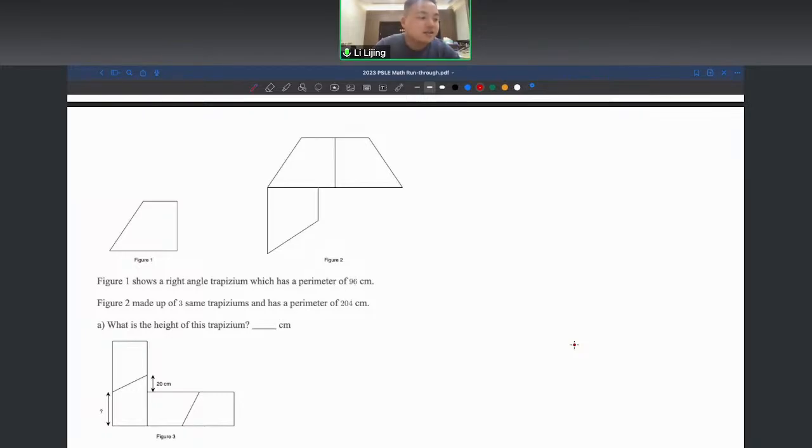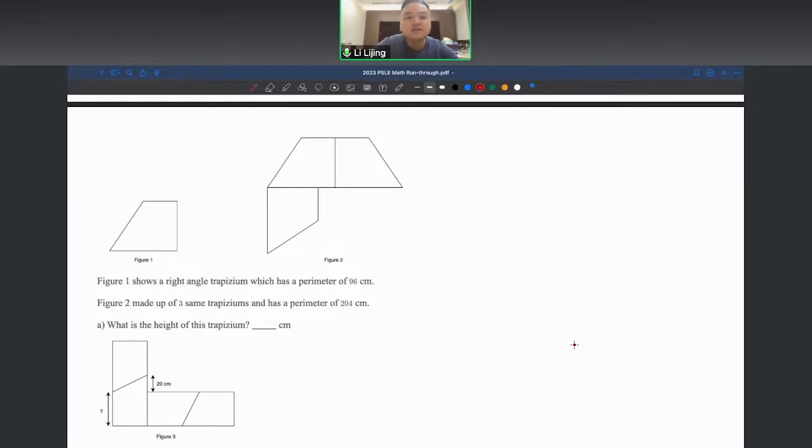Like I said just now, before we start going through the question, the trapezium question is actually quite easy. If you know about perimeter and area, this question is just 3 marks.